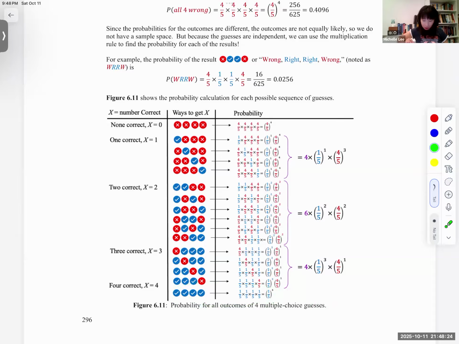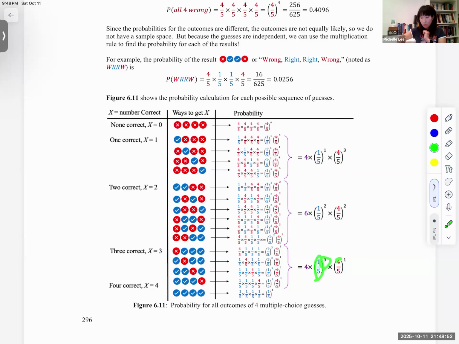Okay, so let's take a look. Right, right, right, wrong. It's the same as a right, right, wrong, right? So basically we have a 3 success there. So 1 wrong, 3 right. Make sense? Okay, in that case, 1 over 5, which is right, to the third power.